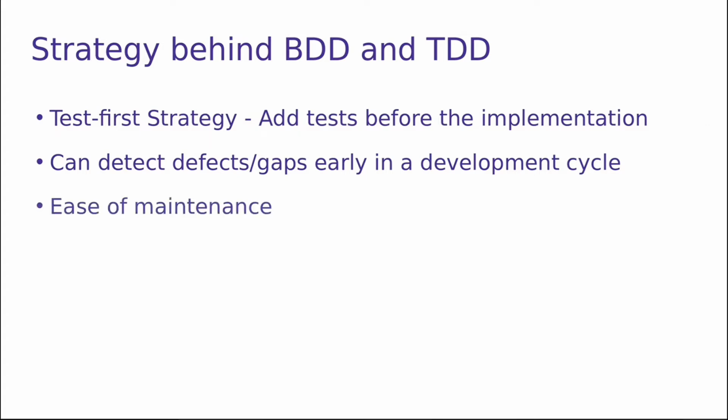And also there's this inherent advantage of maintenance, because you have all these test cases which you can run through to see whether any CR has had an impact on the existing implementation. So those basic benefits are there, but even if you are not sure of this, I think you'll realize these benefits once we go to the end of this session.